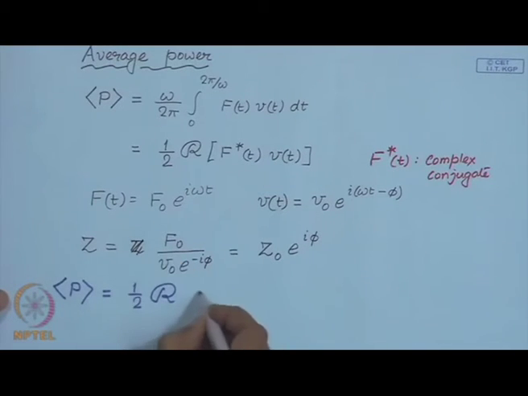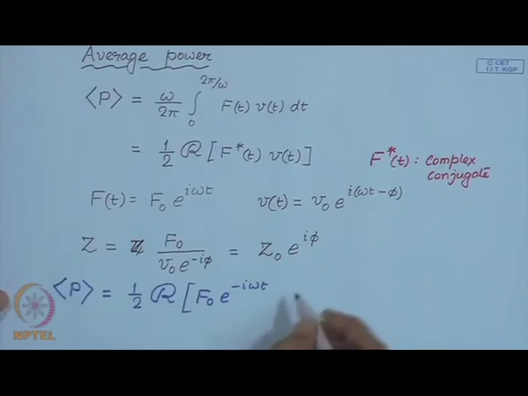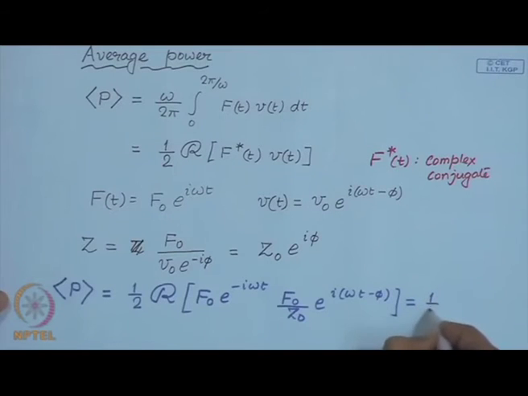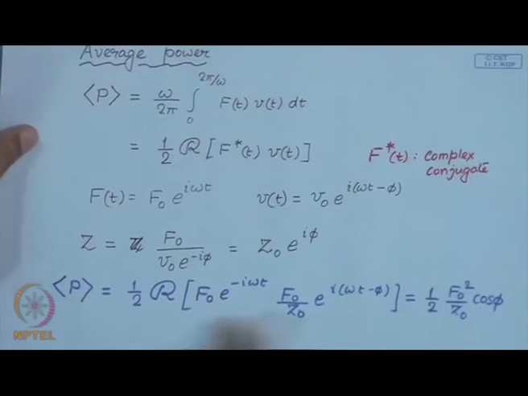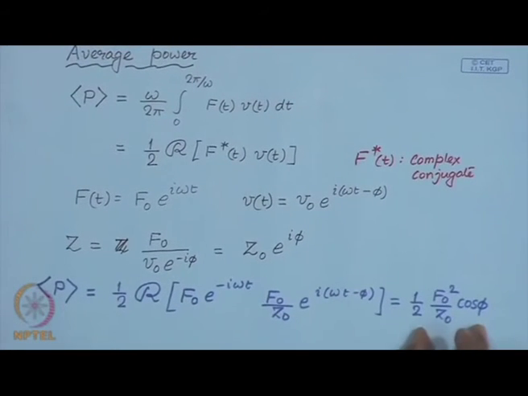So, f star is f naught, and the velocity I can write in terms of the impedance, and that turns out to be something which you can very easily determine. You have to take the real part of this. So, that turns out to be cosine of phi.